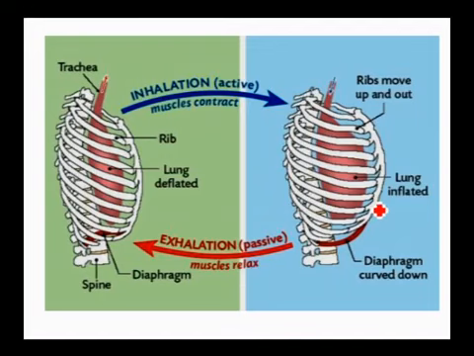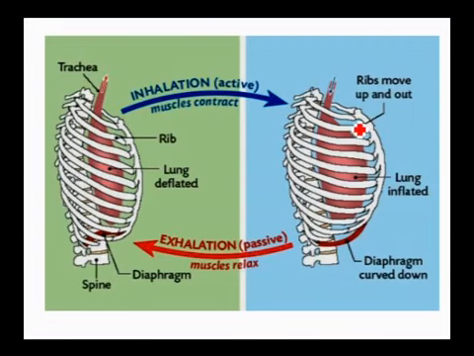For inhalation to be carried out, there should be a gradient between the atmospheric pressure and intrapulmonary pressure. It is diffusion from the region of higher pressure to the lower pressure. So what should happen to the intrapulmonary pressure? It should decrease below the atmospheric pressure. To decrease the pressure, volume should increase. The ribs have in between them the intercostal muscles.